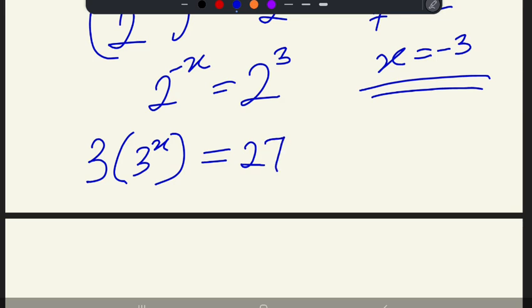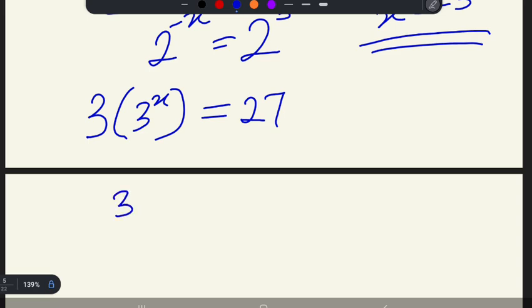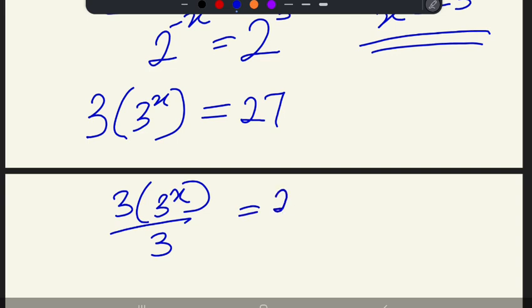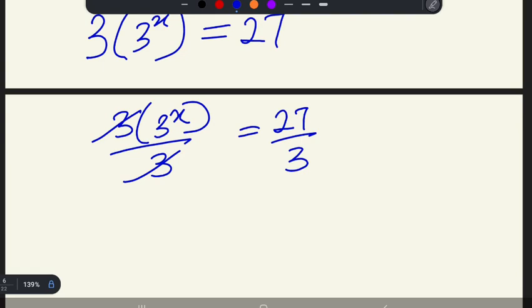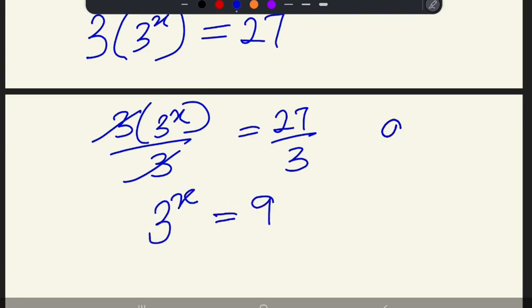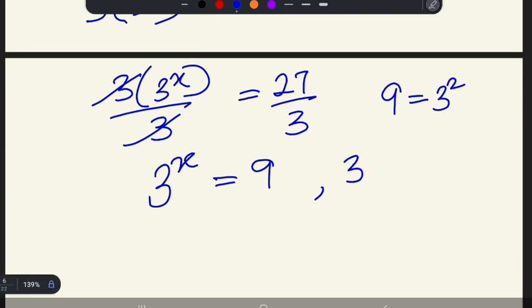Now, at least it makes it meaningful if you try to make 3 raised to power x the subject of the formula by dividing both sides by 3, so we have 27 divided by 3. We cancel this, and we have 3 raised to power x is equal to 9. And you know that 9 is equal to 3 squared. So we have 3 raised to power x is equal to 3 squared. So x is equal to 2.